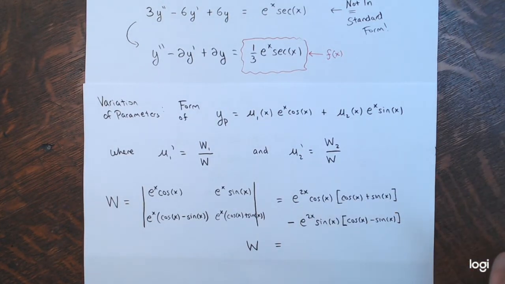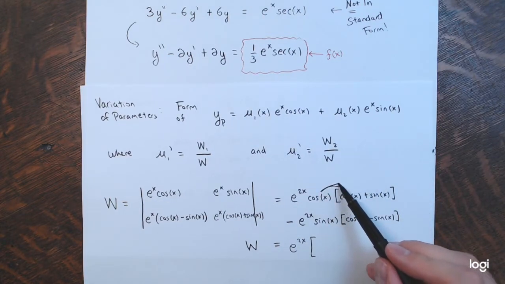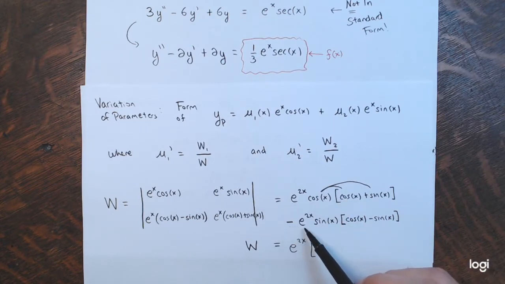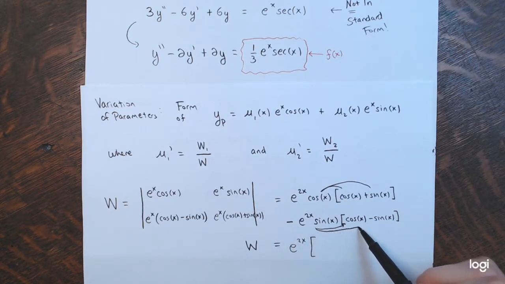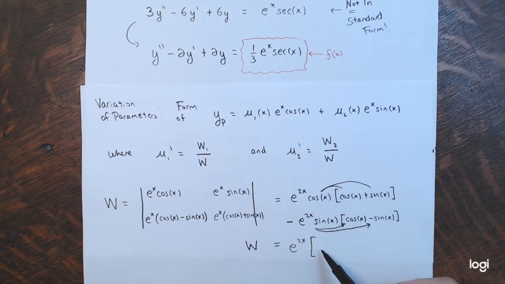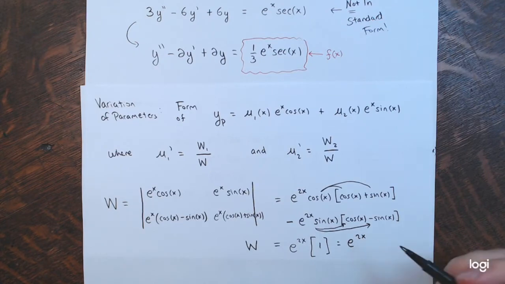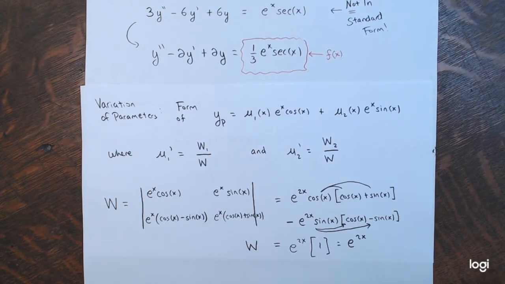They both have e to the 2x in common. Pull that out. Distributing the cosine, we'd have cosine squared here, and distributing the negative sign, plus sine squared x down here, that'd be 1. And then you have positive sine x cosine x minus sine x cosine x, so that's times 1. So that's just e to the 2x. The Wronskian for those two functions, this determinant here, is just e to the 2x.